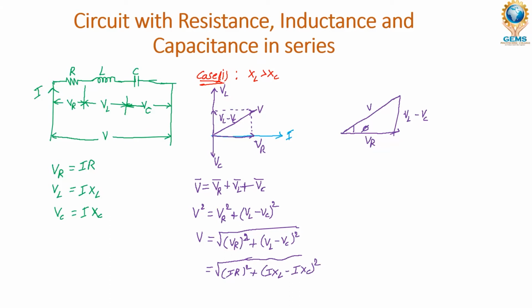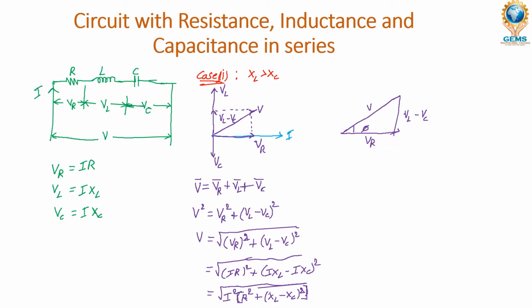If we take out I common, we will get I square of R square plus (XL minus XC) whole square. I will give this bracket like this.